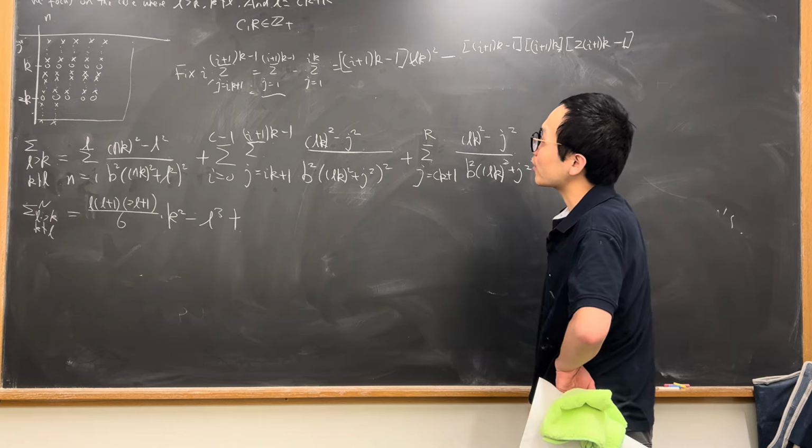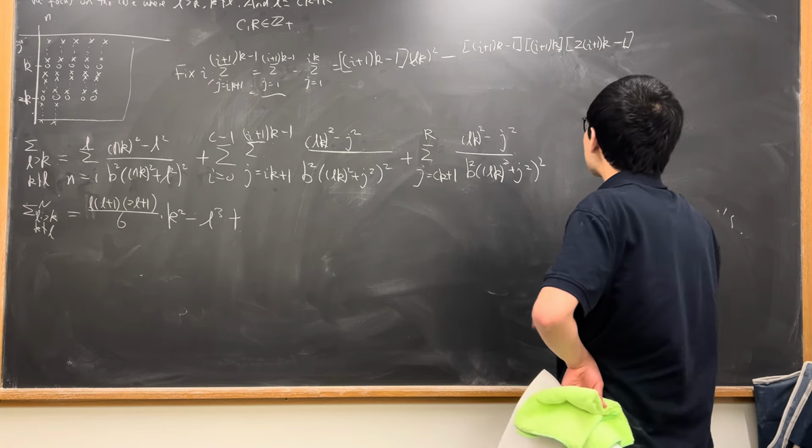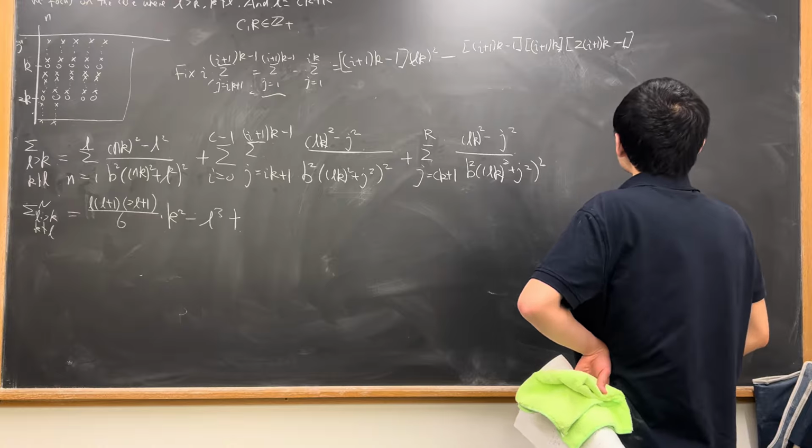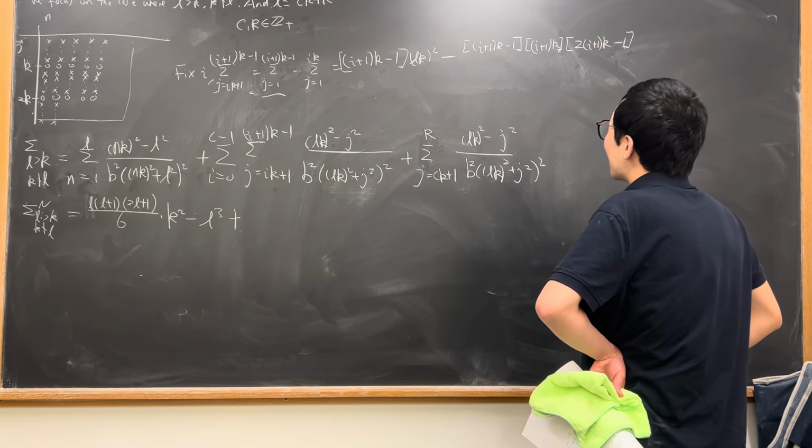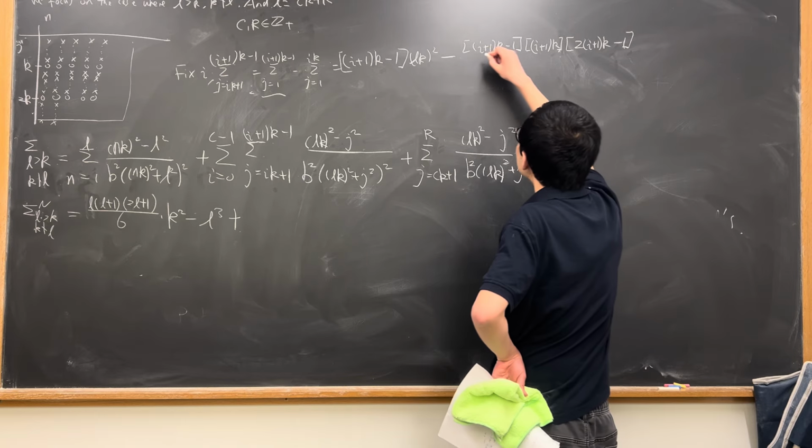Because if you multiply by the whole thing, it should be 2i plus k minus 2, and then I add 1 to this one, so it should be minus 1. And then it should be divided by 6.